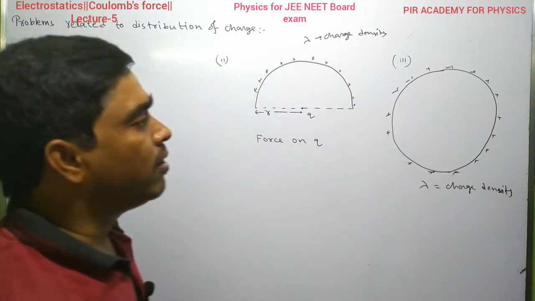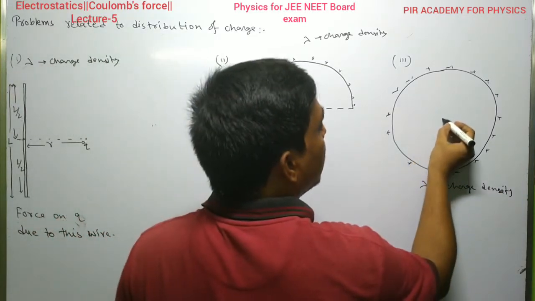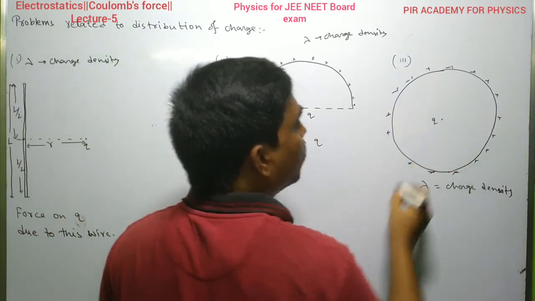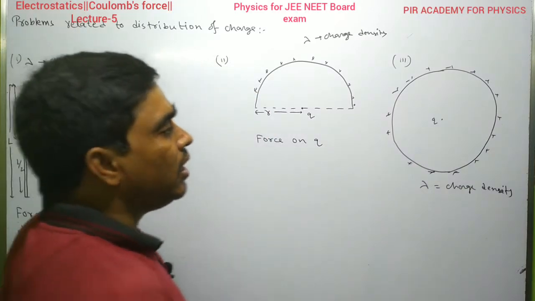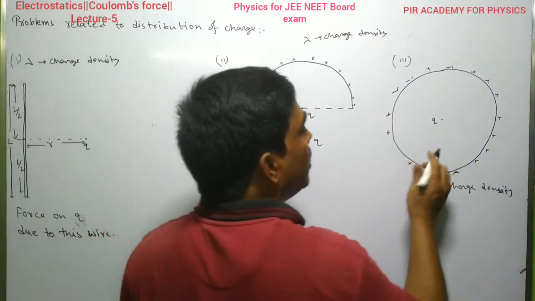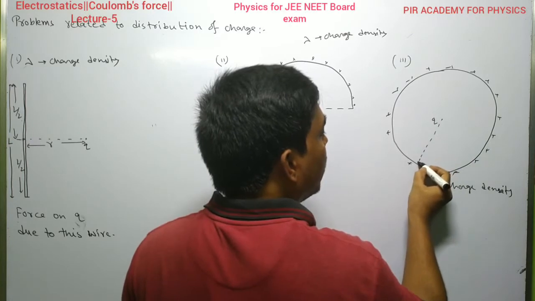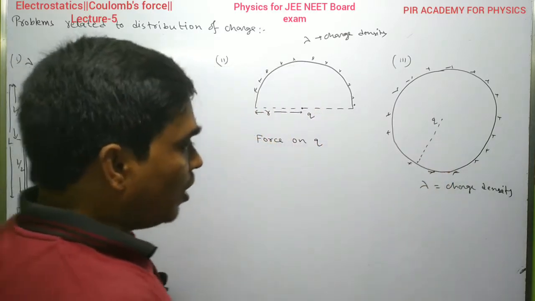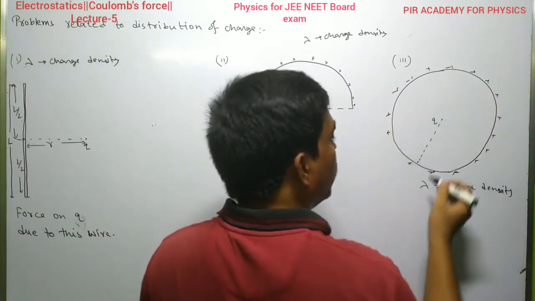If I place another charge q, which is positive, then you have to find out the change in length of this wire.